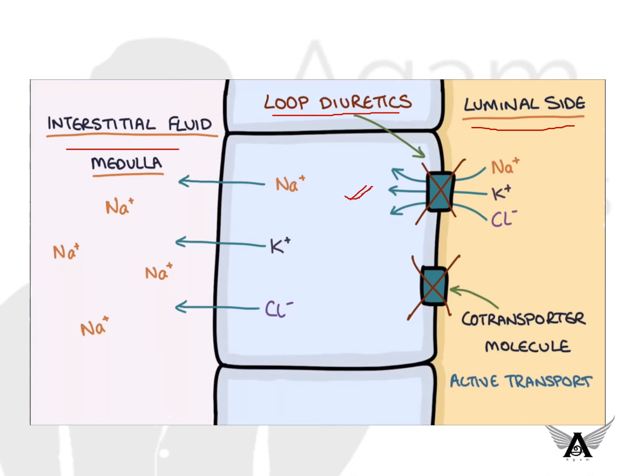On the luminal side, there is a cotransporter molecule that is being inhibited. This cotransporter normally transports sodium, potassium, and 2-chloride ions across the cell membrane.